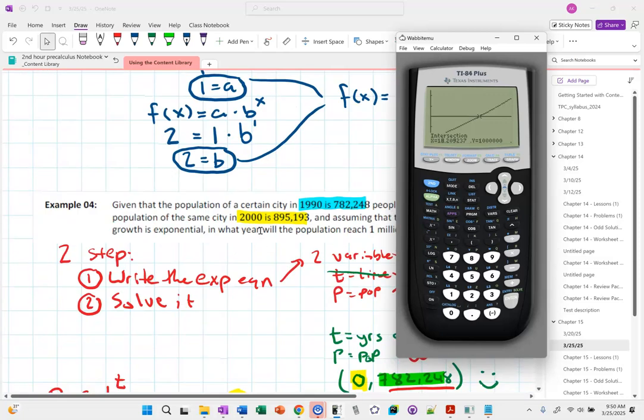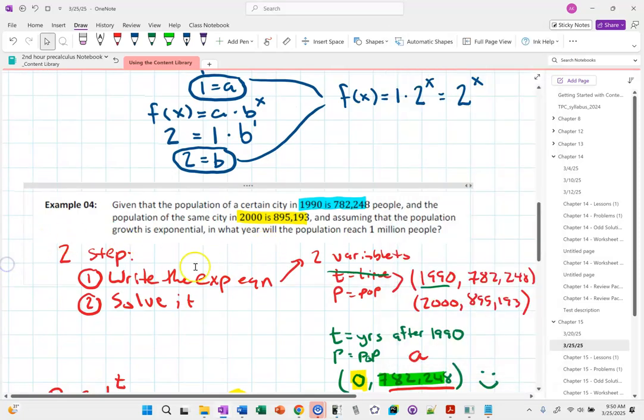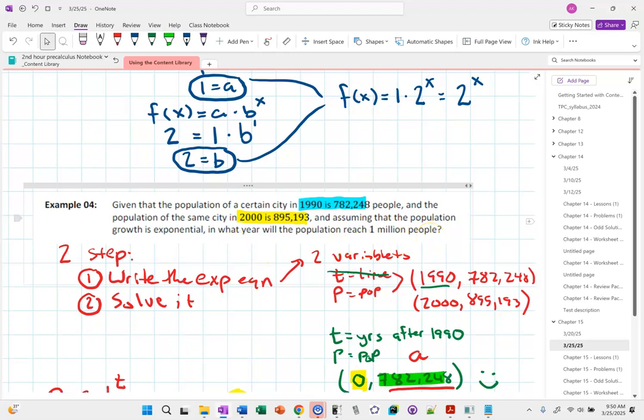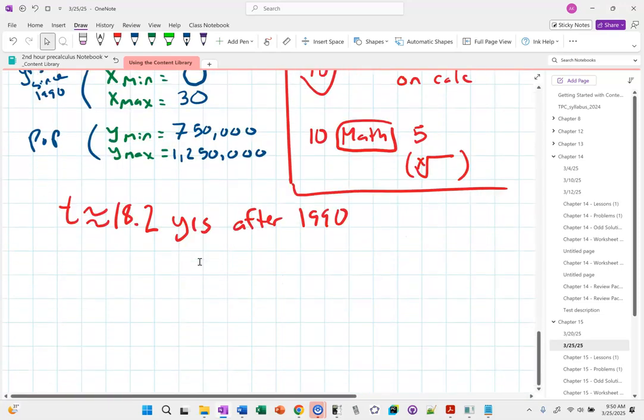Now, let's read the question here carefully, though. It says, in what year will the population reach 1 million people? So, did I answer the question?